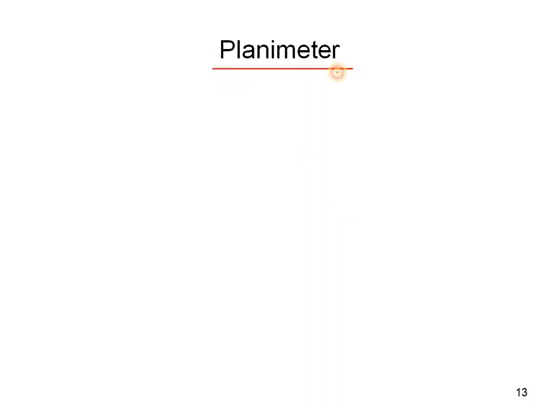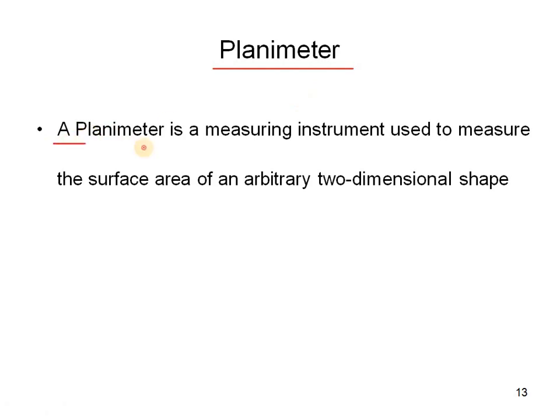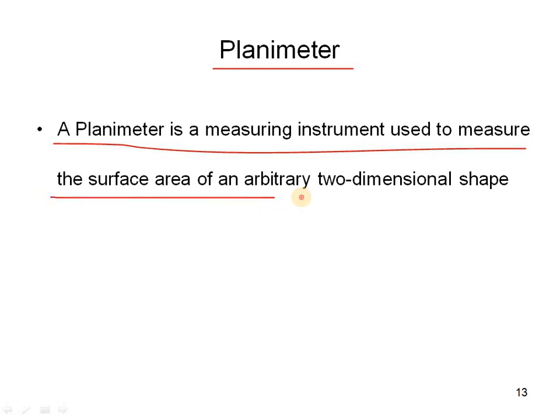And the next one is planimeter. A planimeter is a measuring instrument used to measure the surface area of an arbitrary two-dimensional shape. So here this planimeter is a measuring instrument. It will be used to measure on the ground the surface area of an arbitrary two-dimensional shape.